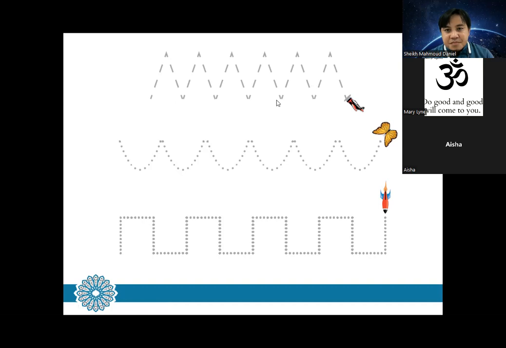Now, as you can see here, if you have your scratch paper, you can follow these lines, or even if you have the hard copy of the book, you can follow this, how we exercise our hands. And then after that, you can try to write the Arabic alphabet by yourselves.